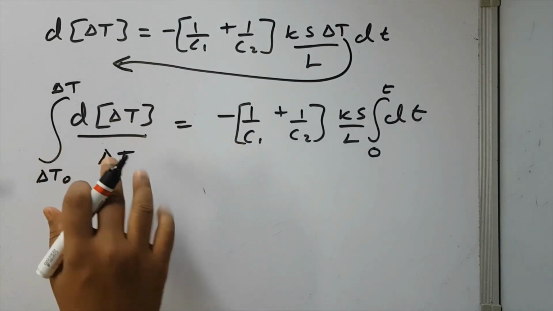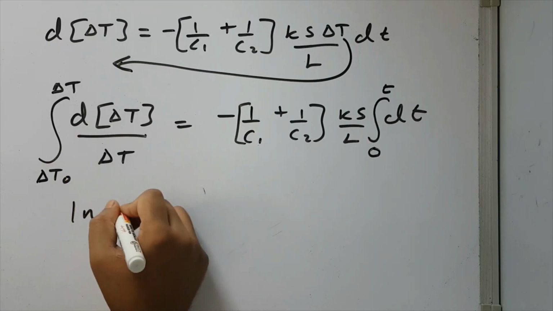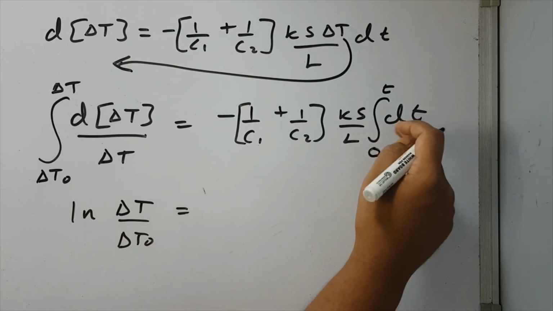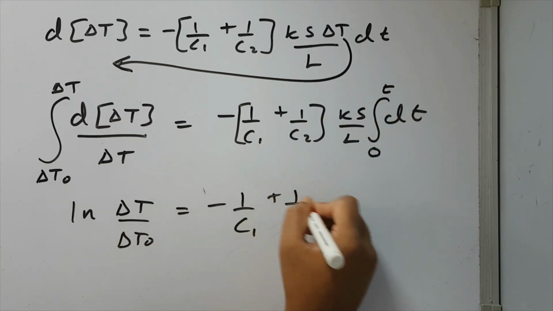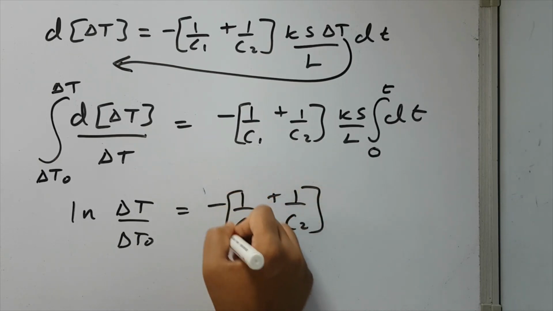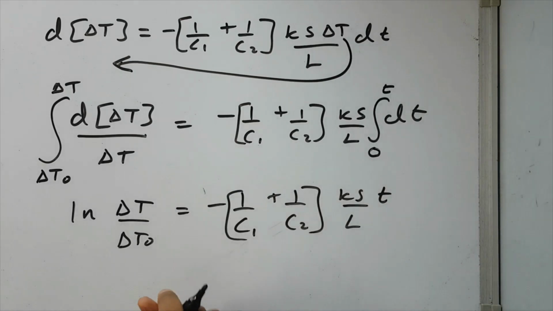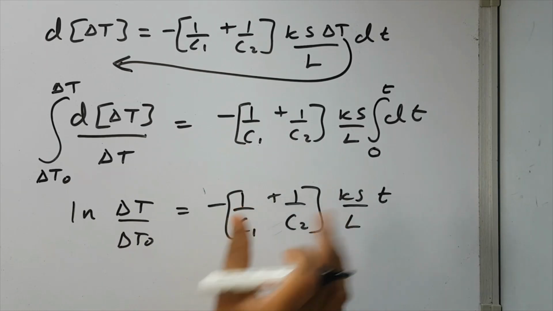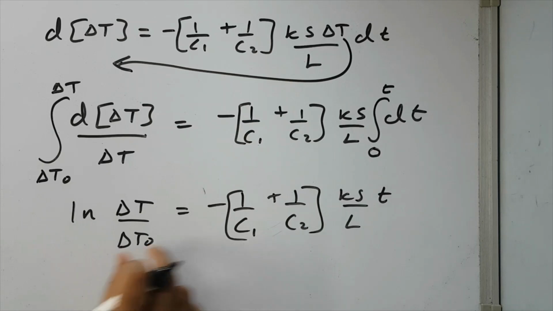So now you could see that this is a very simple integration. This is log of delta T by delta T naught, and this would be t, and so you will get 1 by C1 plus 1 by C2 times kS by L into t. Okay, now you know what you could do here. You could remove this log and write the exponential function of this particular term and take delta T naught there.